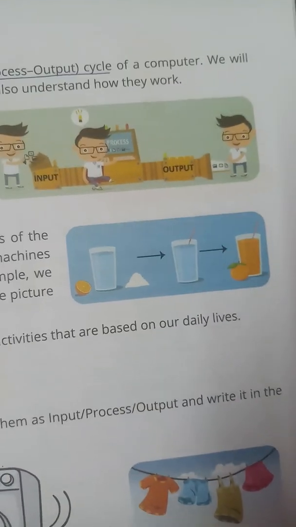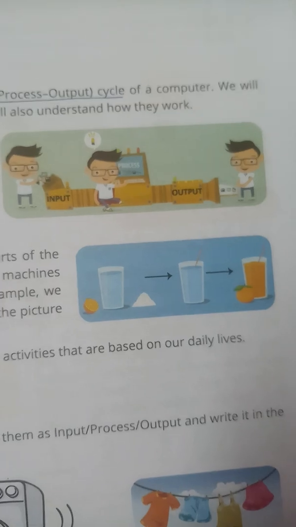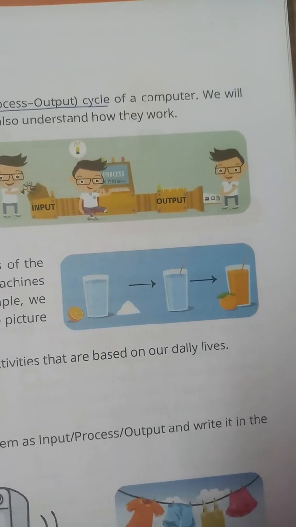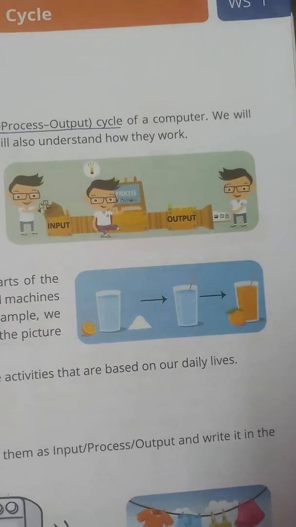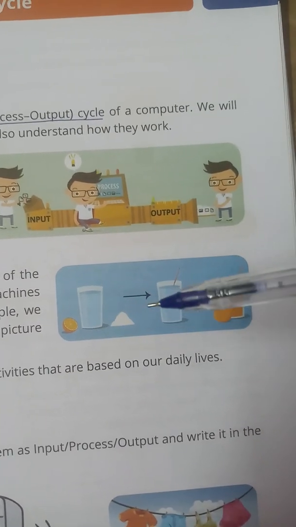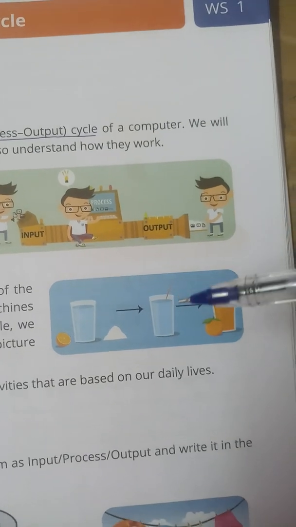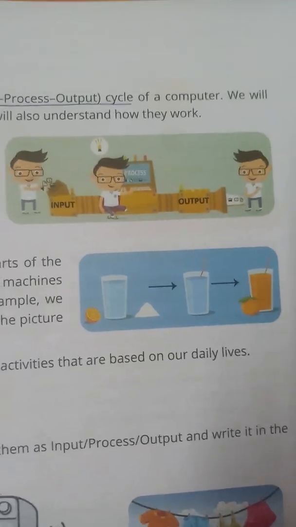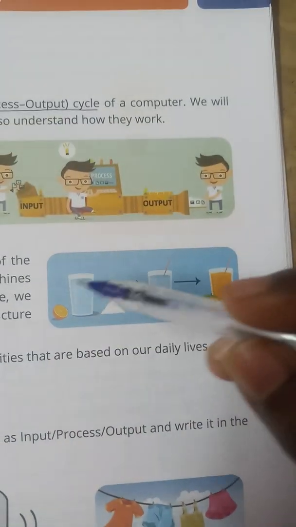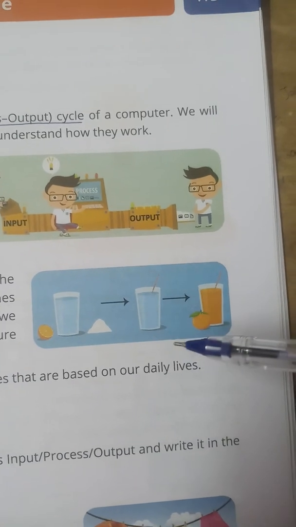First, I need water and then lemon or orange and salt or sugar. It depends upon your taste. Okay, I am taking a glass of water and then orange and sugar. Okay, and then these are our inputs.